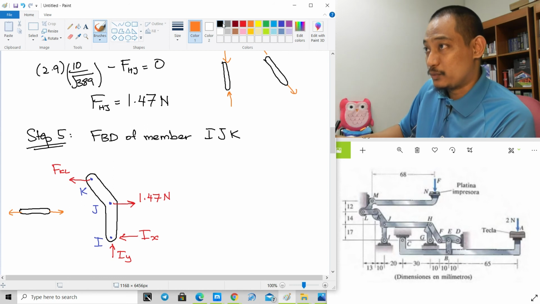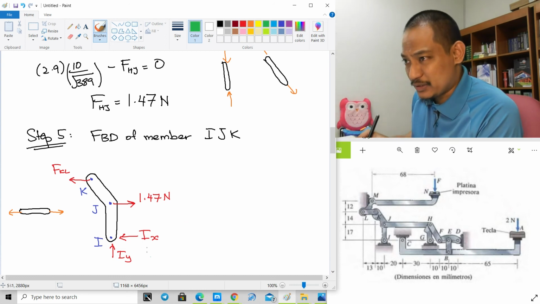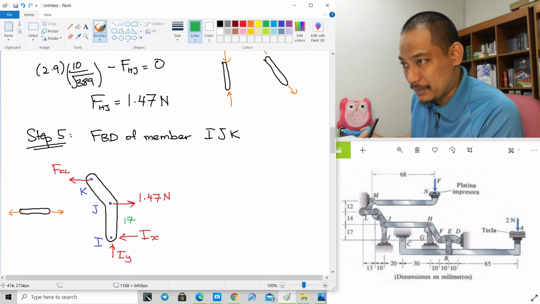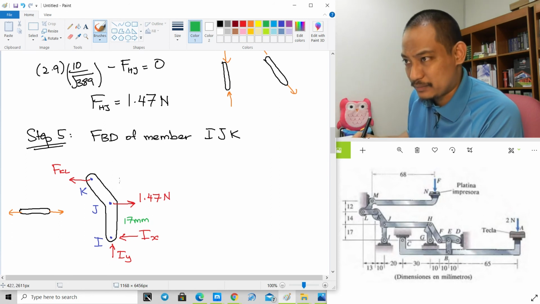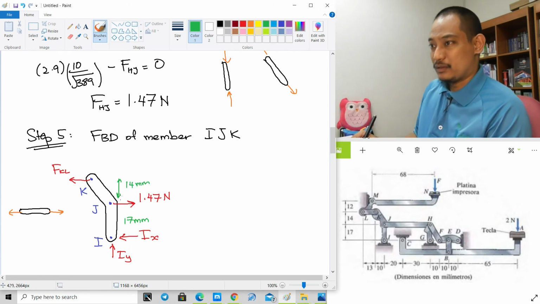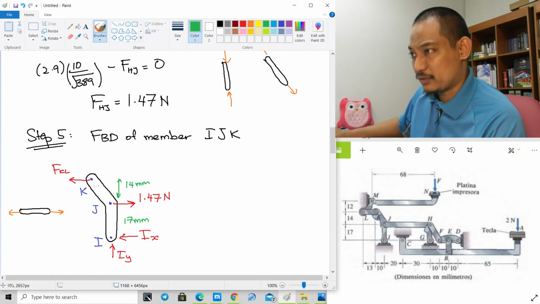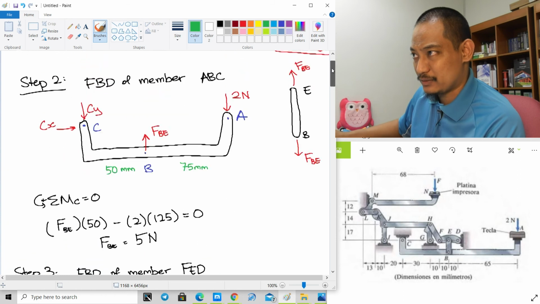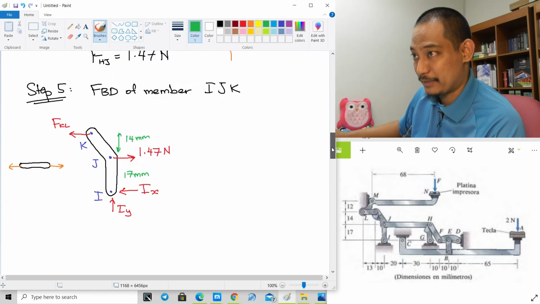No angle is needed. For the distances, this one is 17 millimeter, and this vertical distance is 14 millimeter. That is what is needed. Going back to the question, we need to find Ix and Iy.